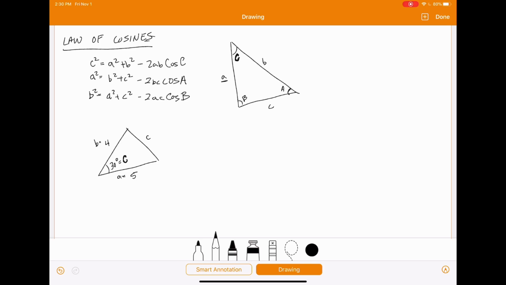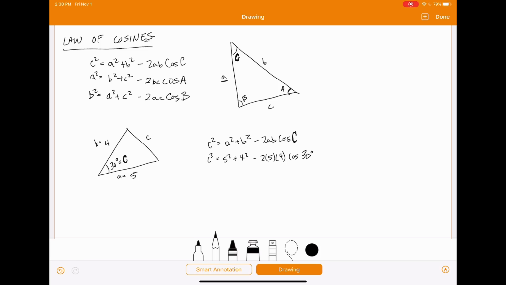All right, so c squared equals a squared plus b squared minus 2ab cosine of C. So c squared, we're looking for C, 5 squared plus 4 squared minus 2 times 5 times 4 times the cosine of 30 degrees.